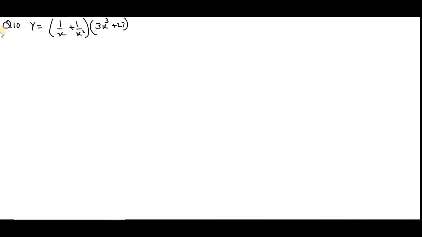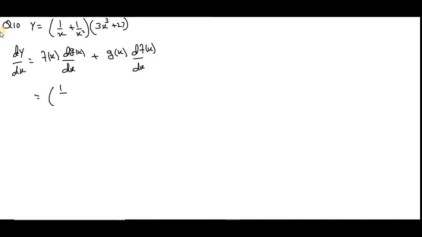Now question number 10. It is again two functions multiplied, hence we are going to use the product rule. So dy by dx is equal to f of x d by dx of g of x, plus g of x as it is, and the derivative of the first function, which is f of x.